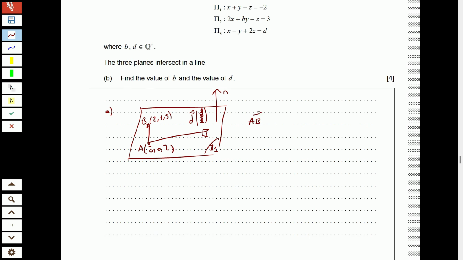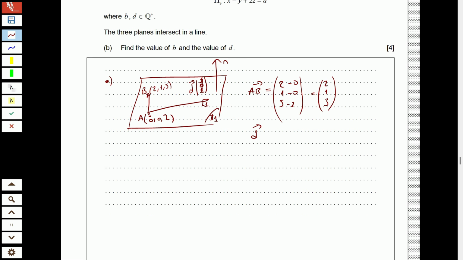So what is AB? It's going to be 2 minus 0, subtracting the point A from the point B, and 1 minus 0, 5 minus 2, right? So it is (2, 1, 3). And the direction vector is (1, 0, 1).